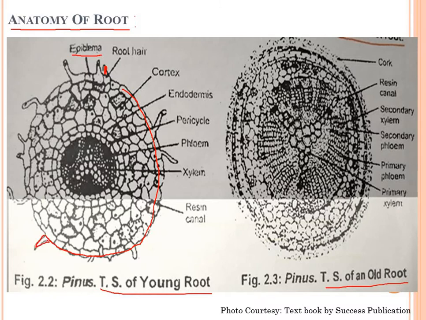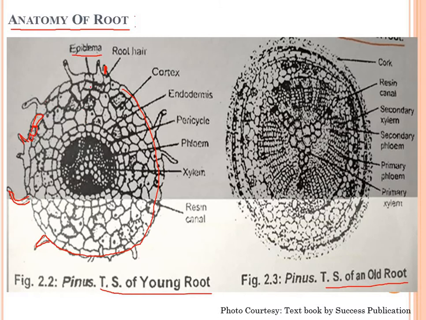These root hairs increase the surface area for water absorption. Epidermal cells are somewhat rectangular, intercellular spaces are absent, and these rectangular epidermal cells form the epidermis.